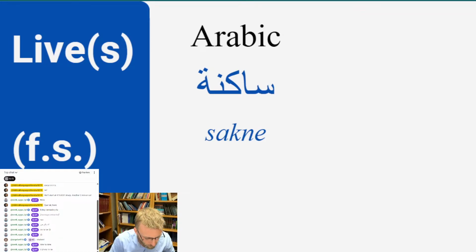The full form of the participle in the nominative is sakinatun in high-level Arabic. That can be shortened to sakina, and then in Palestinian Arabic, it just squishes down and contracts to sakne, okay? So sakin in the masculine singular, sakne in the feminine singular.